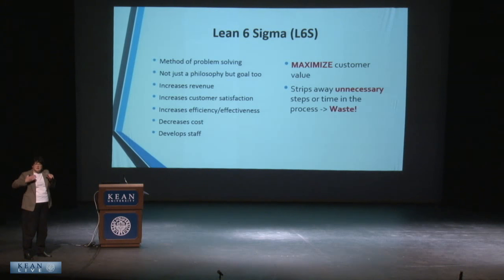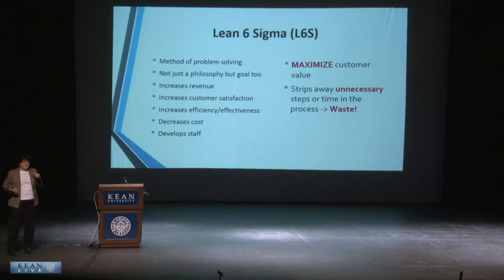And so it's a continuous learning cycle. You're always upping the goal. It increases revenue. Now, granted, we're a nonprofit university, but it increases revenue so that perhaps maybe we can add that extra staff person to take on additional responsibilities in the unit.